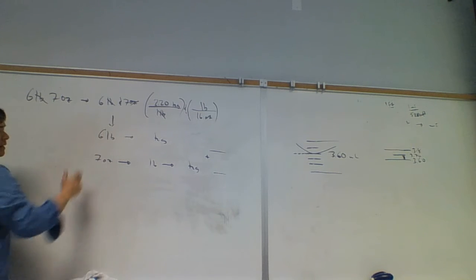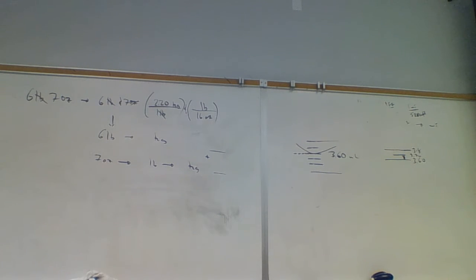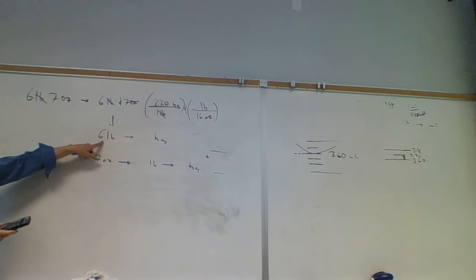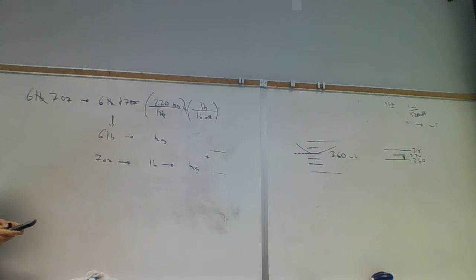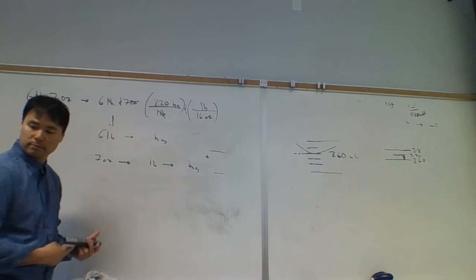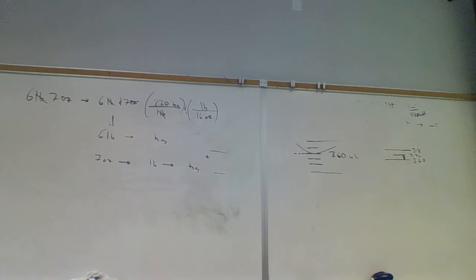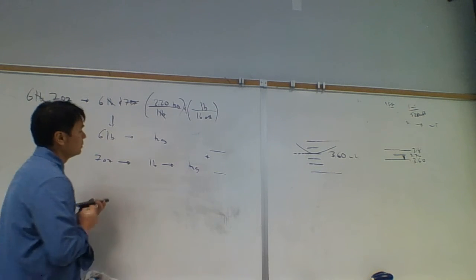And so doing 6 pounds to kilograms, that would be 6 times 2.2. Calculator. Actually, 6 times 2.2 shouldn't be too hard. What does it come out to? Oh, I can punch it out too. 13.2.